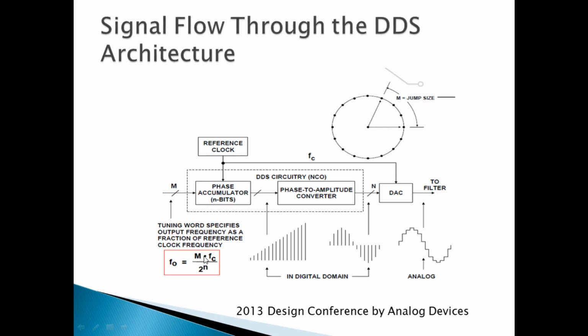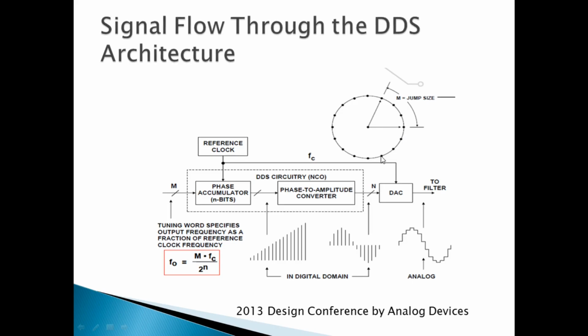So I would be taking M, which is nothing but the fraction of the clock frequency. And of course, I have this portion 2 raised to n, where n is the size of the phase accumulator, resulting into 2 raised to n locations.